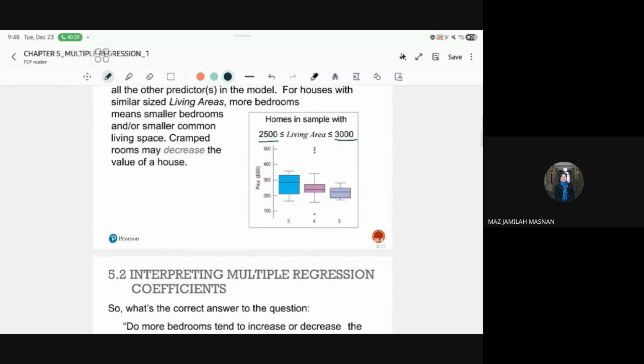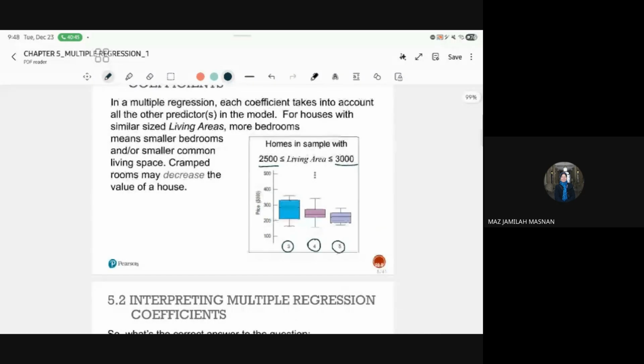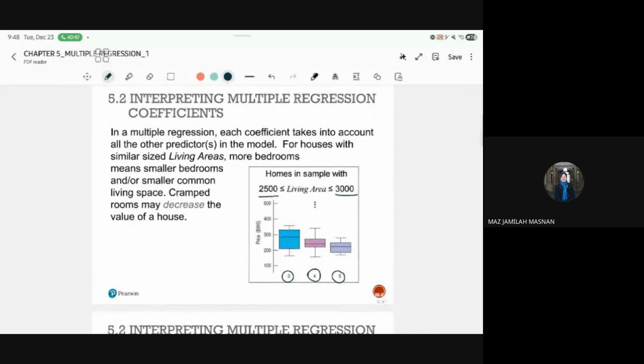As you can see over here, for 3 bedrooms, the variation in prices is even bigger compared to 4 bedrooms and 5 bedrooms. So as we increase the number of bedrooms, the variation in prices decreases. In a multiple regression, each coefficient takes into account all other predictors in the model.